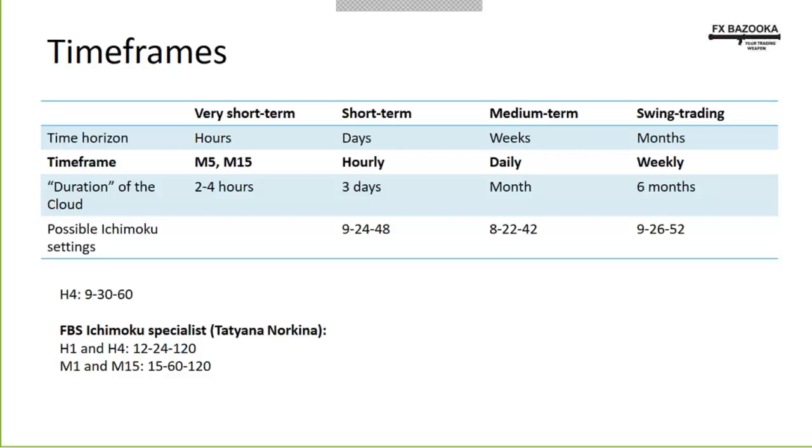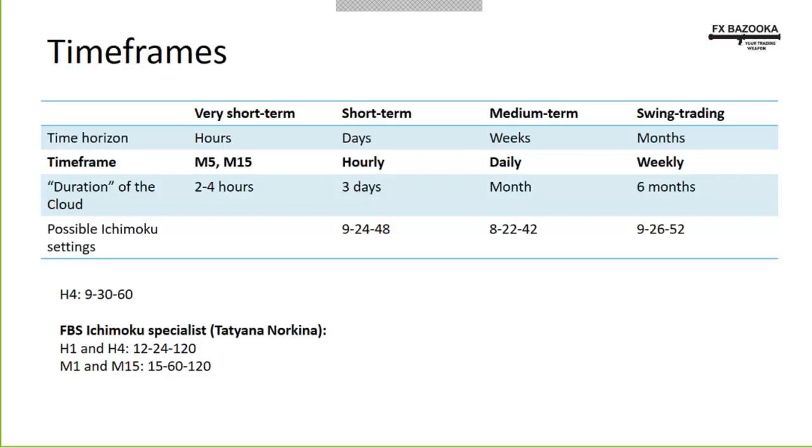Probably most traders won't use weekly for active trading, but it is always good to have an idea of what is happening in the market. And sometimes when we track the Ichimoku cloud on the weekly chart, when we get some strong signals there, it is just a good confirmation of some big changes in the market and some big trends.